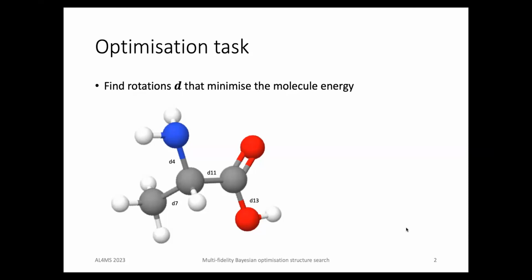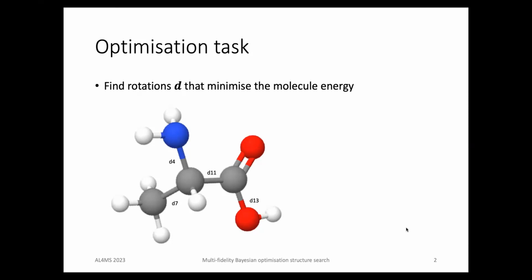So this is an optimization task, but we don't know how the potential energy behaves with respect to the rotations, so we don't have a function to optimize. Instead, we can map the rotations to these molecule structures, and then there are energy calculation methods that we can use to calculate the potential energy based on the structure.